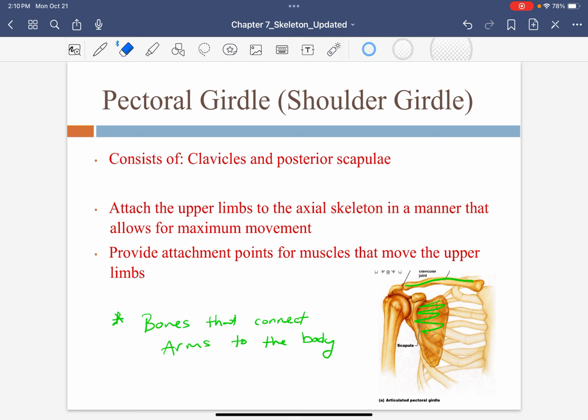It is kind of a weird arrangement. Have you ever thought about how we get this arm onto the body, onto the rib cage? The rib cage doesn't have the socket, so that's why, in essence, we have the scapula. It also assists with movement, but all you need to know is pectoral or shoulder girdle, the bones that connect the arms to the body.